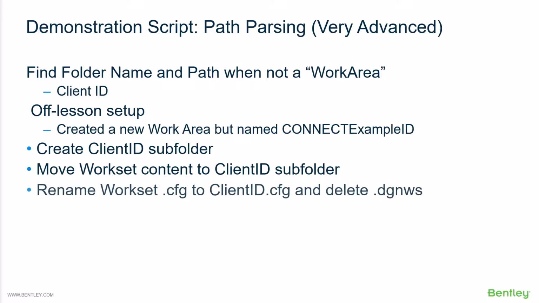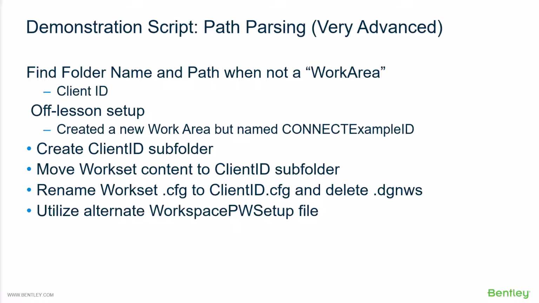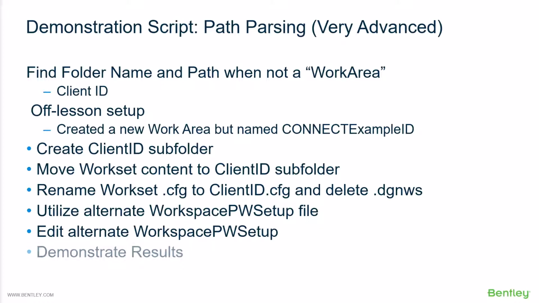We will rename the workset CFG to be Client ID CFG and delete the DGNWS. We will utilize an alternate workspace setup file, and we will edit this alternate workspace setup file to match the folder structure that we want to find. We will then demonstrate the result.